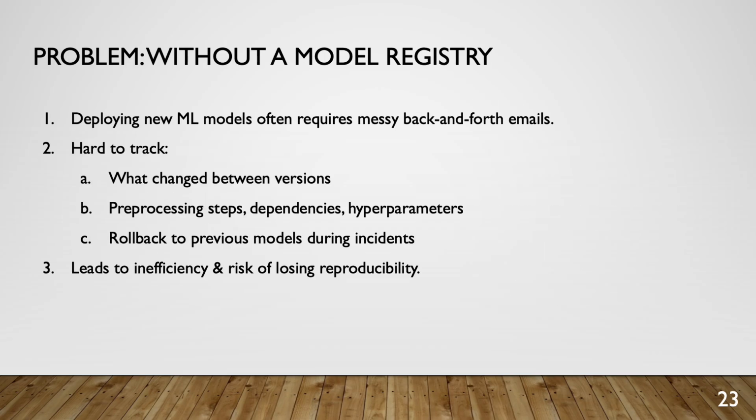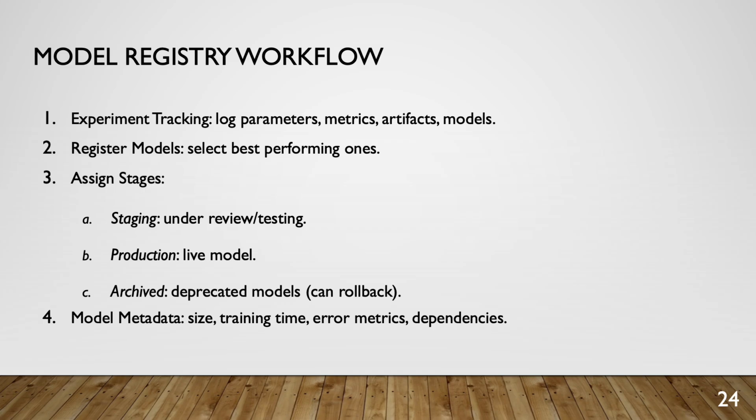Without a model registry, deploying a new machine learning model needs so many back and forth emails between DevOps engineers and machine learning engineers and researchers. And also it's hard to track the changes between different versions or manage hyperparameters and dependencies, or even roll back to the previous model if some incidents happen in our production line.